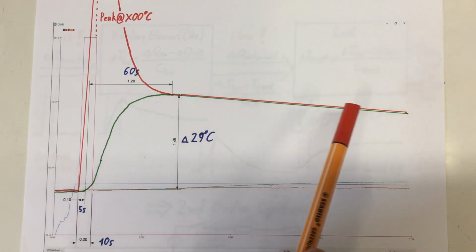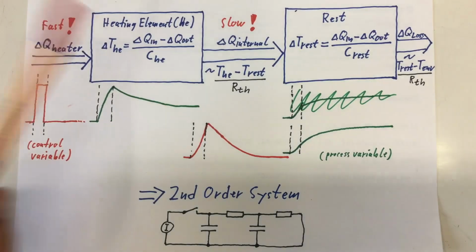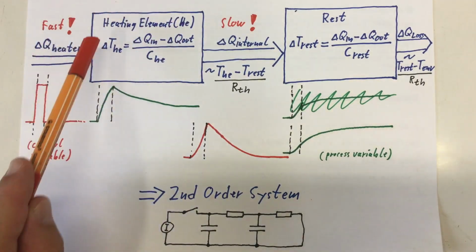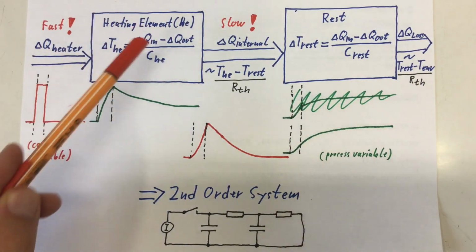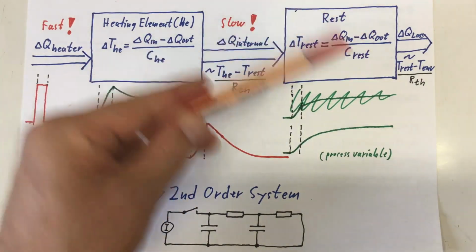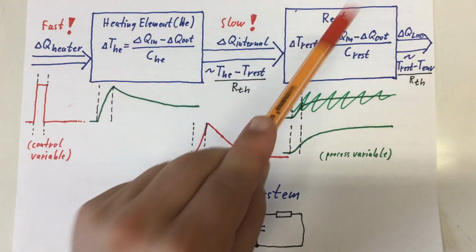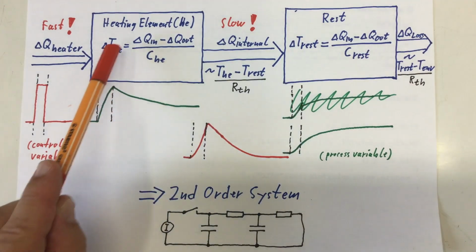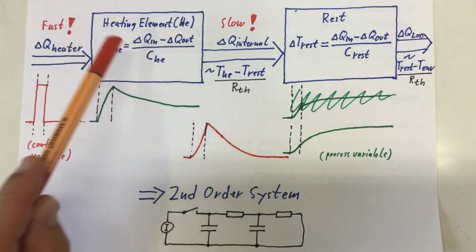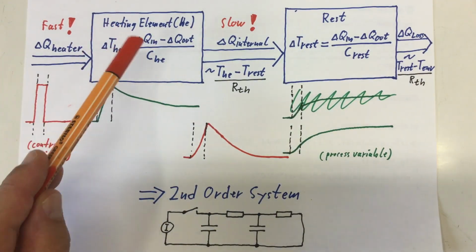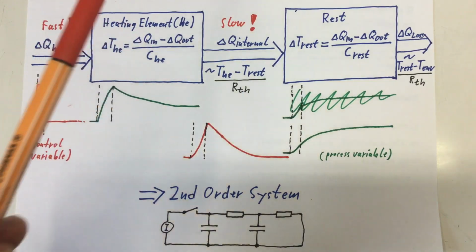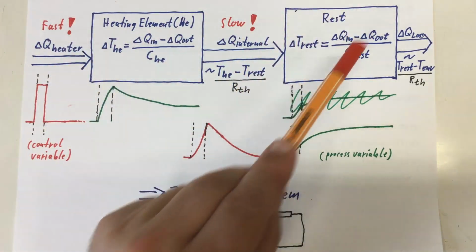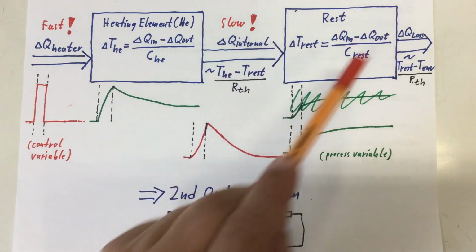We lose energy to the environment. And we can have such high temperatures in our heating element, resulting in only 20-30 degrees temperature increase in our rest, because the thermal capacity of our heating element is of course much smaller than the thermal capacity of the rest.